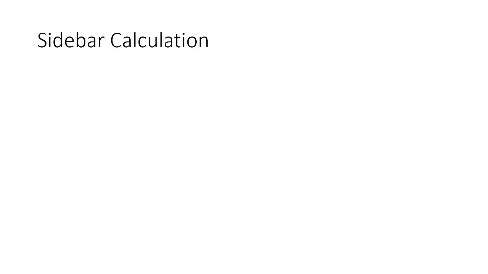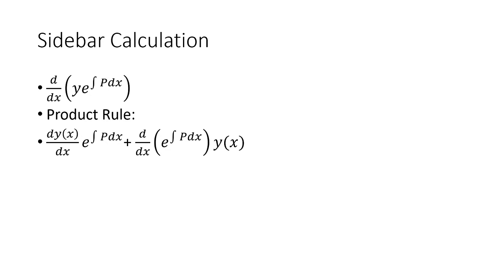And here's the sidebar calculation I promised. The derivative of y times e to the integral of p. Here we just use the product rule, right? The derivative of the first term times the second term plus the derivative of the second term times the first term.